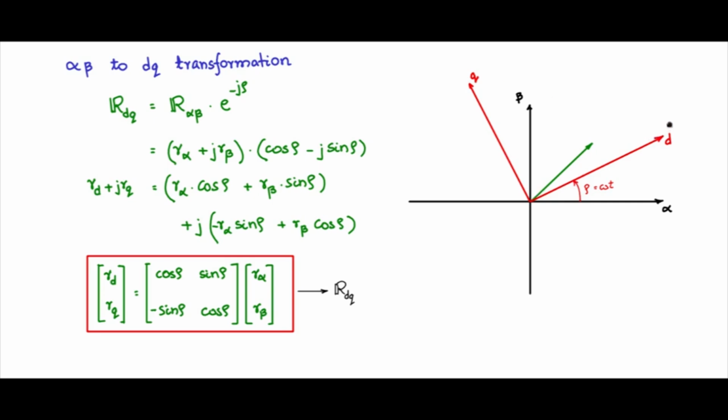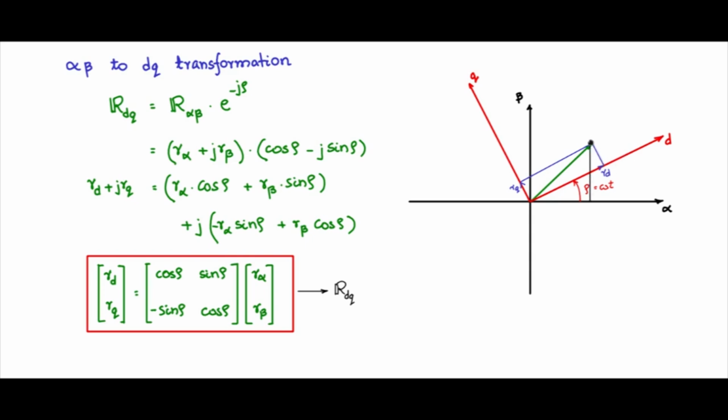Therefore, if you place the controller circuits and controller algorithms in the DQ reference frame, all the parameters will appear DC. So if I project this vector onto the DQ reference frame, RQ and RD, these relative values of RQ or RD will always be fixed.